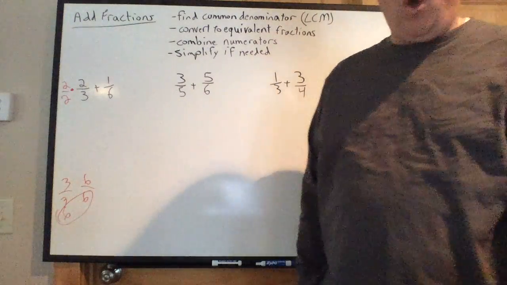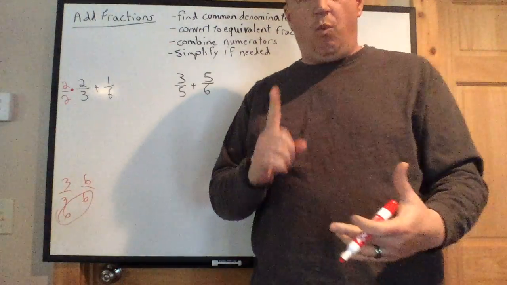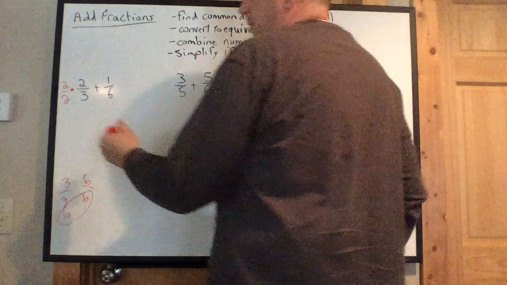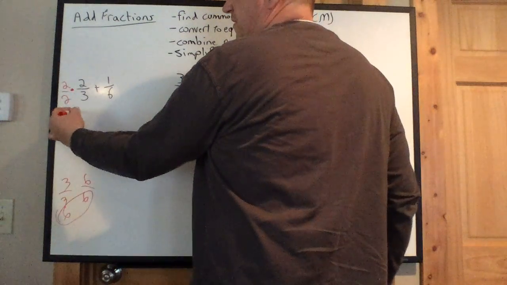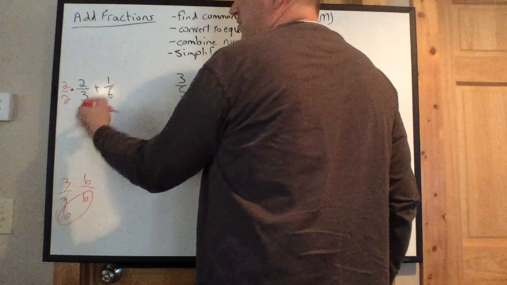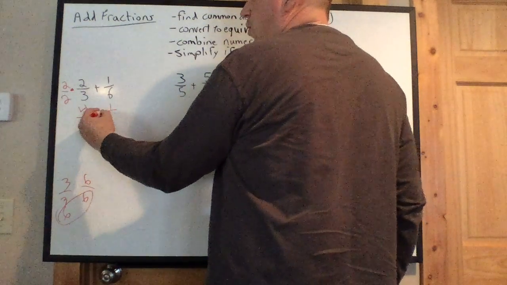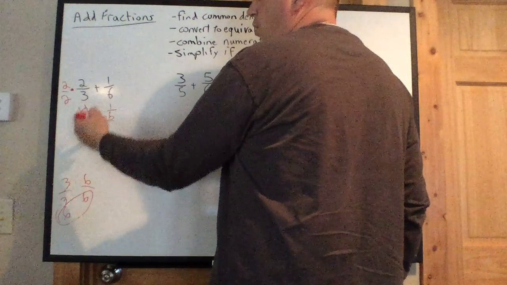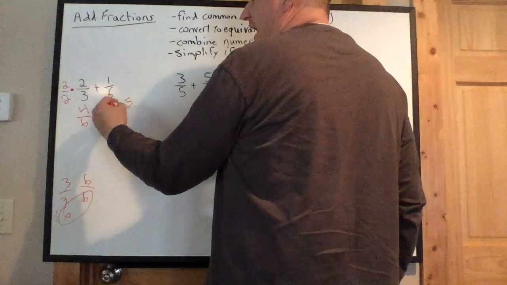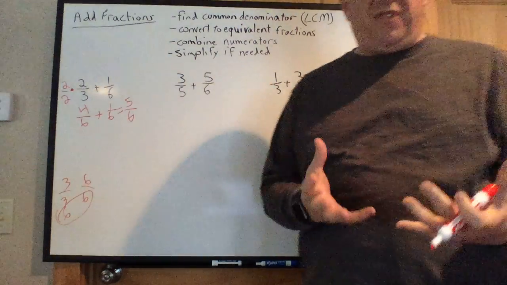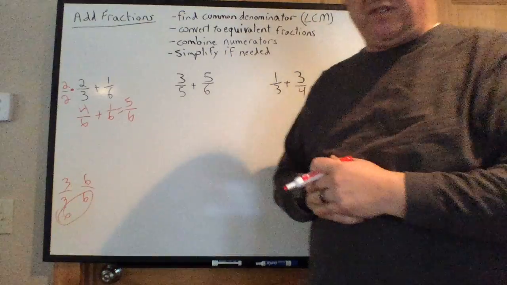And you know that anytime we multiply something by 1, it doesn't change the value of that number. So 2 times 2 gives me 4. 2 times 3 gives me 6. Plus, we didn't change this fraction, so that's 1 over 6. Combining my tops, 4 plus 1 gives me 5 over 6. Now, 5 over 6 is as simplified as it can be, so we don't have to worry about simplifying that fraction.